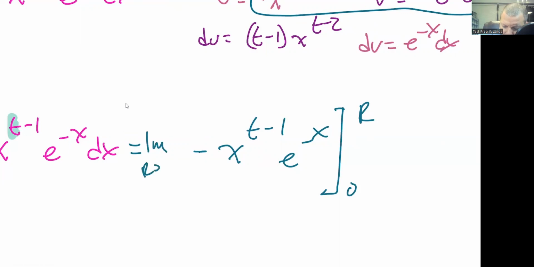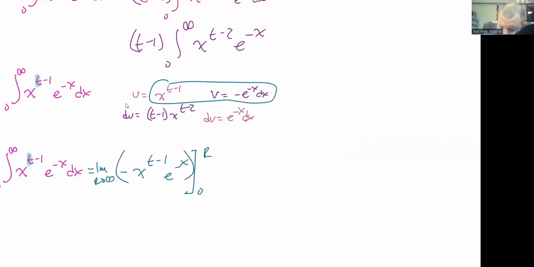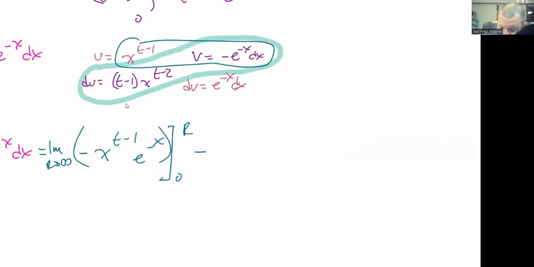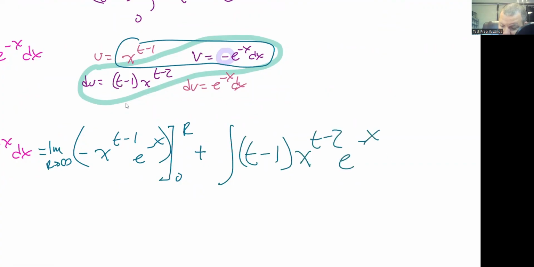Then minus the integral of v du, so that's going to be plus the integral of t minus 1, x to the t minus 2, e to the negative x dx.